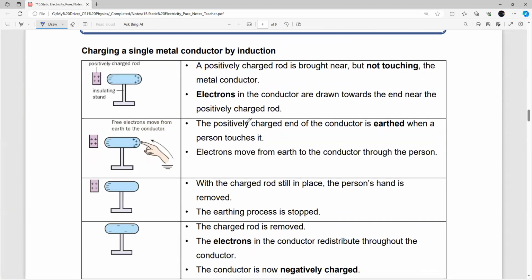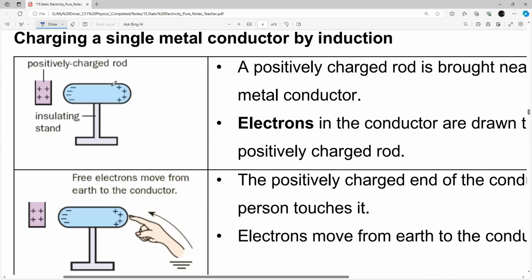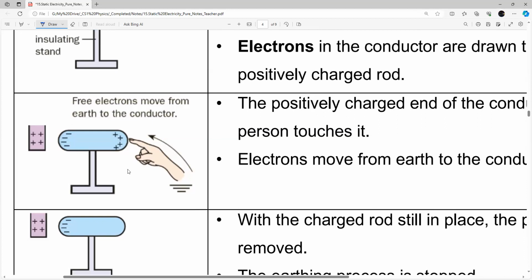Next, there's another method of charging a single metal conductor by induction. Similarly, I have a positively charged rod. Now it attracts the electrons. The electrons move closer to the positively charged rod. I now ground the positively charged side.